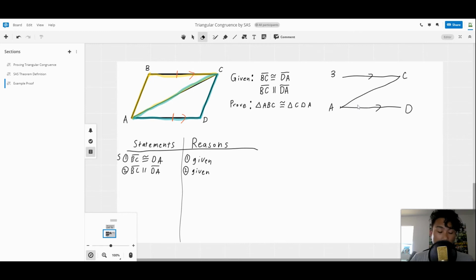So what that means here is that this angle here, which is angle BCA, would be congruent to the alternate interior angle CAD. So that gives us our statement number 3.